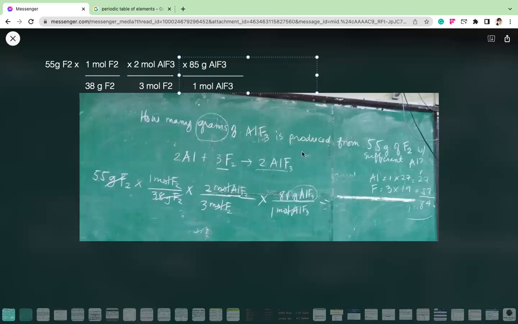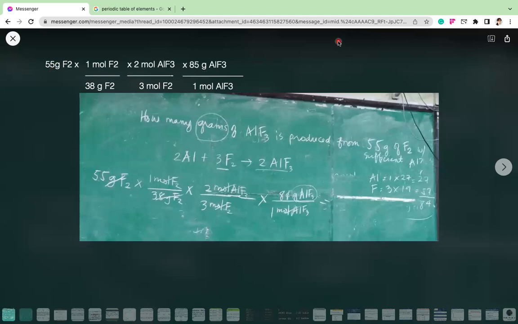Very good. So, okay, nakita mo, yung lahat ng gusto mong i-cancel, simulan mo lagi sa given. Ang given ay 55 grams. Simulan mo lagi sa given. Tapos, mag-multiply ka lang. Molar mass, moles, molar mass. Maka-cancel na tong mga ito, di ba? Yes.